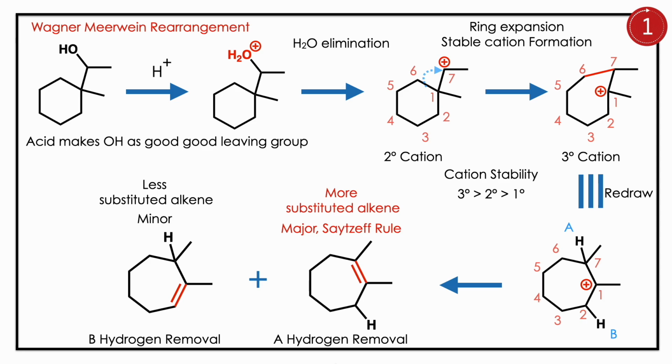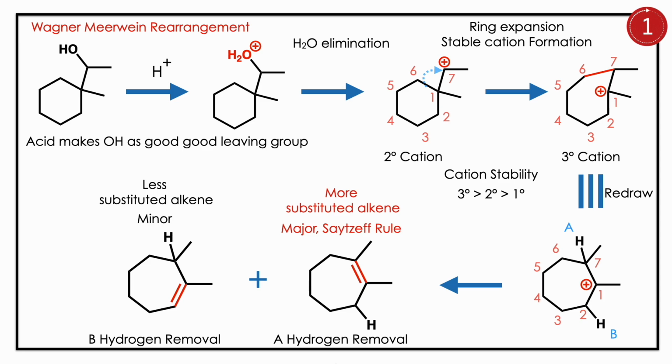It forms a cation. The cation is a secondary cation, but there is a chance of ring expansion, which leads to the tertiary cation. So ring expansion happens, and the secondary cation becomes tertiary, which is more stable. If you read it nicely, the 6-member ring will become a 7-member ring with a tertiary cation.